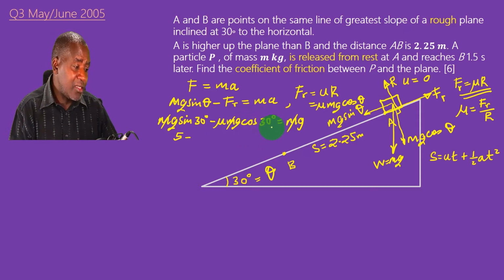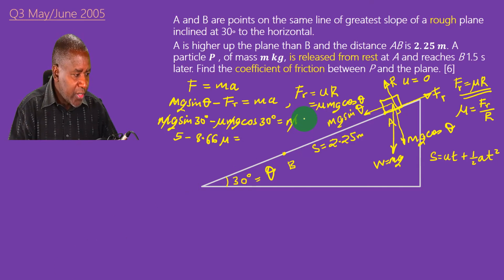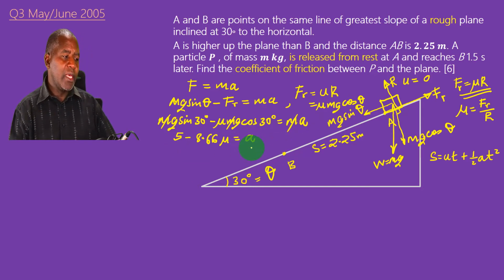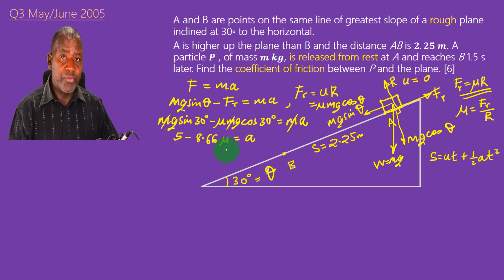Cos 30 is 0.866 times 10. I get 8.66 mu. It's going to be equal to A. This one is going to be equal to A. And I know my A in terms of mu.